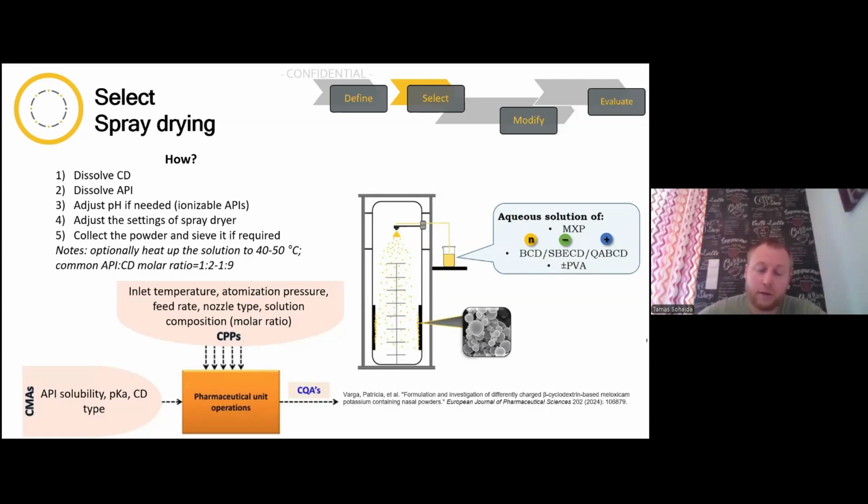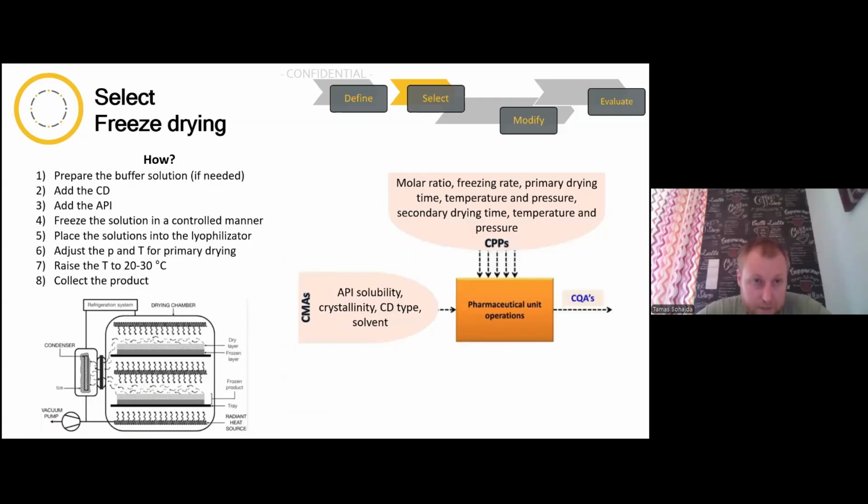You can create a fairly concentrated solution of the complex, and well, yeah, you can spray dry it, and it's probably the easiest and has the highest capacity to create a nice complex.